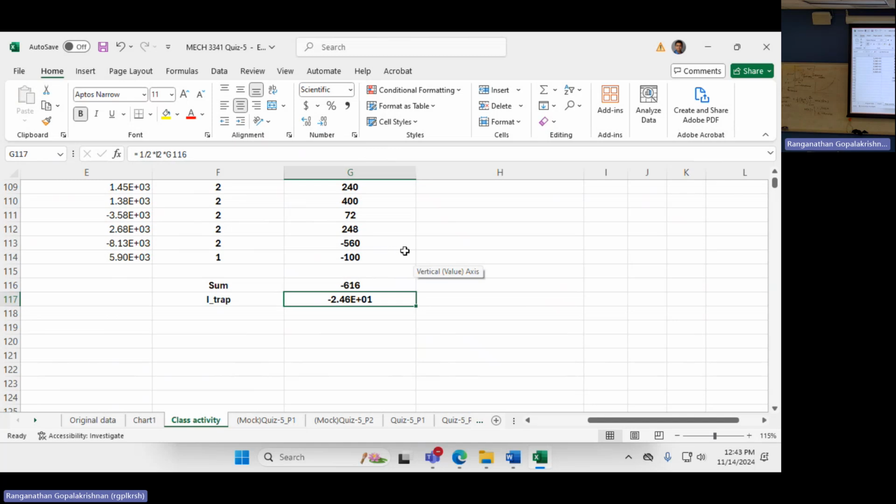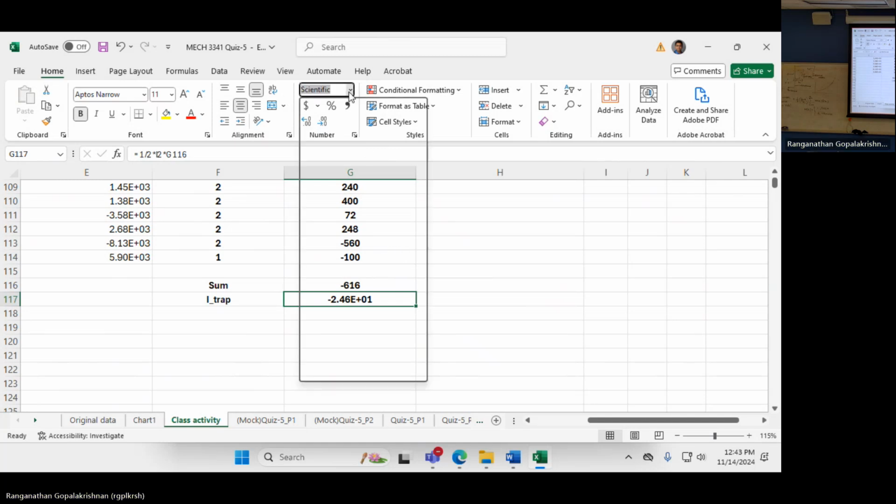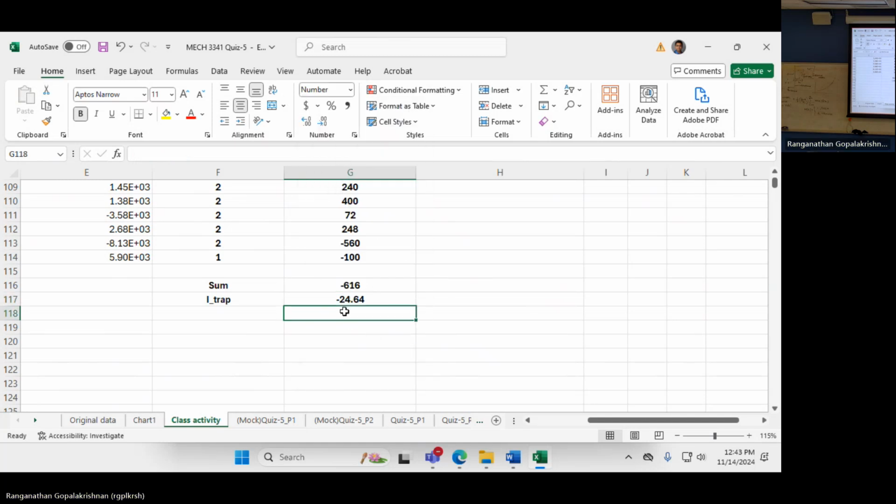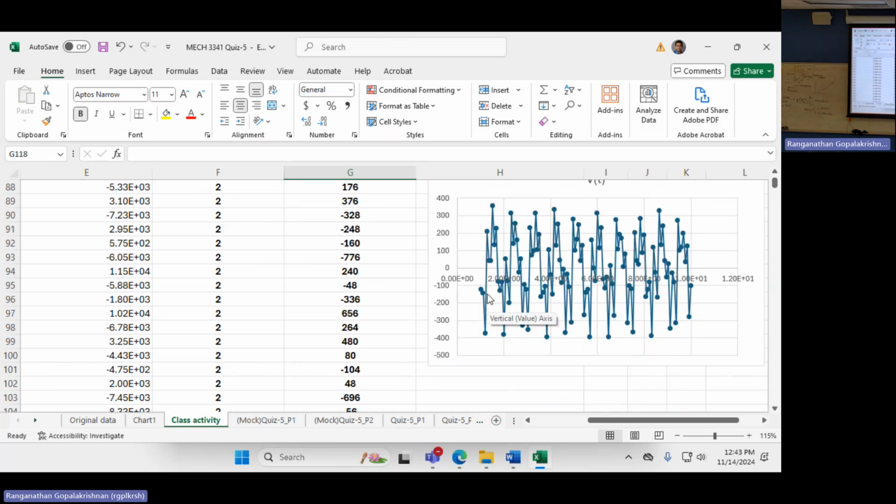So the area under the curve is minus 24.64. Because that function, if you notice, has values that are both above and below 0. Some of those values will cancel out. So this is like saying what is the time average value of that signal over the period that we took data.